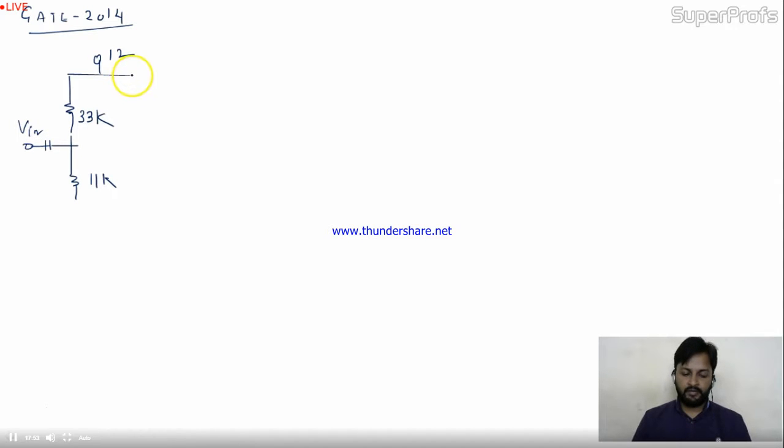If you observe this circuit, we are mainly using potential divider biasing, right? Potential divider biasing has its own advantages. It stabilizes IC or beta, controls the beta. This is 10 ohm given over here.